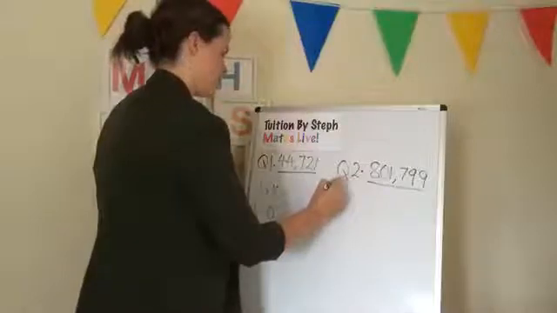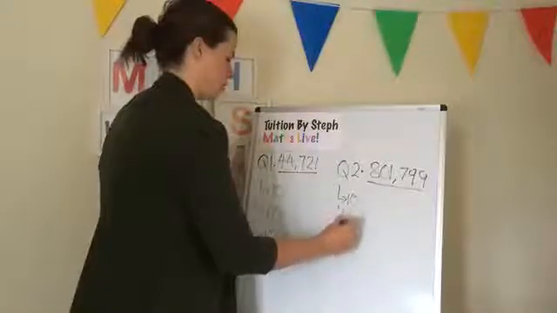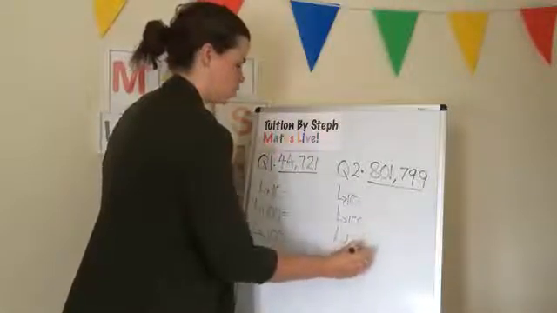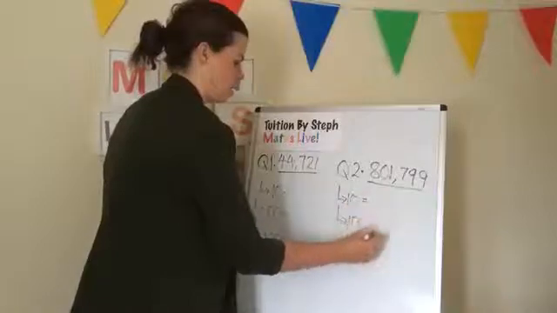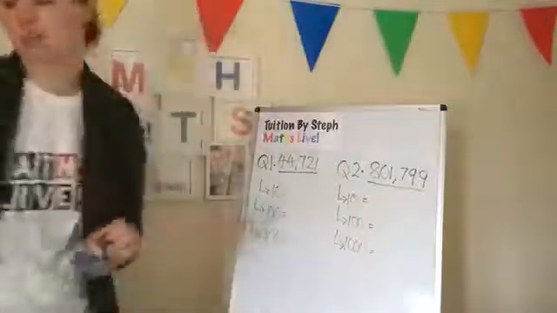So each of them is the nearest 10, 100, and 1,000. I'm going to give you about 2 minutes for that. There's technically 6 questions there. 2 questions with 3 parts.